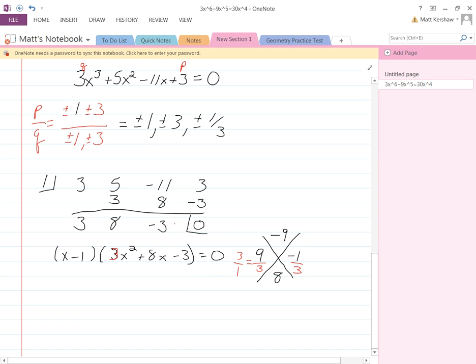So when we go to write our factors over here, remember this is the first term, so it's going to be x. This is the constant, plus 3. This is our leading coefficient, 3x. This is our constant, minus 1.